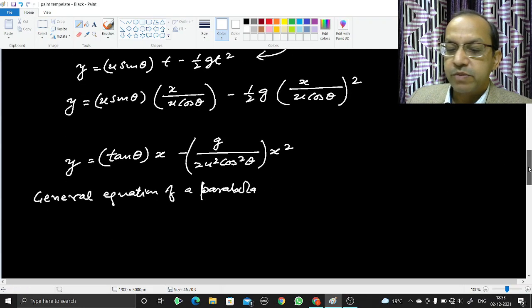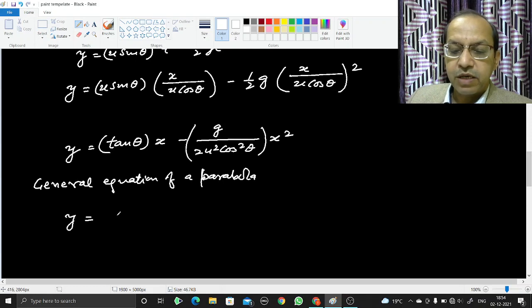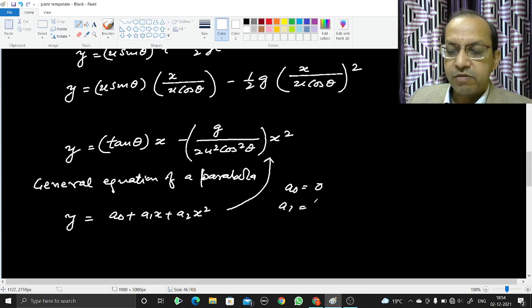The general equation of a parabola is y equal to a0 plus a1 x plus a2 x square. So this equation can be obtained from the general equation of a parabola if we put a0 equal to 0, a1 equal to tan theta and a2 equal to minus g upon 2u square cos square theta.